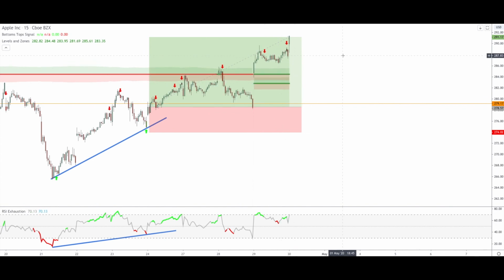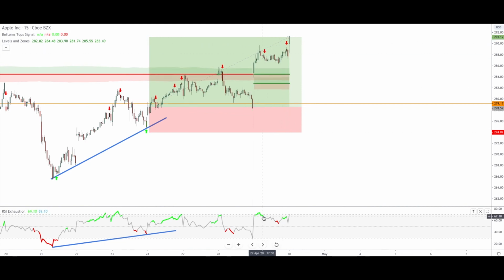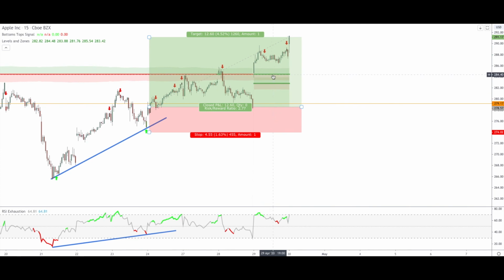So I was not guessing that these were actual tops, and they proved to be very weak signals, and you should not trade this kind of signals when you compare these three indicators: the bottom stop signal, the RSI Exhaustion, and in this case what made the difference was the levels and zones.